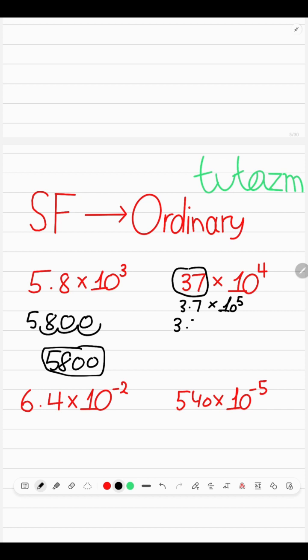So we've got 3.7, so move 1, add a 0, move another 1, add another 0, 3, add another 0, and 4, add another 0. So we've moved 1, 2, 3, 4, and now we've got 370,000. That is our final answer.